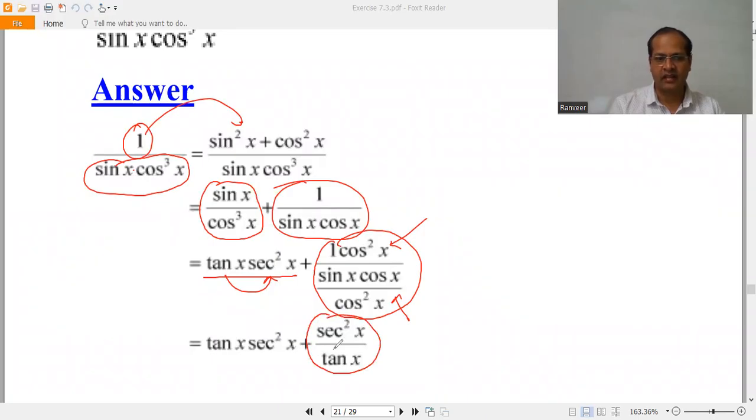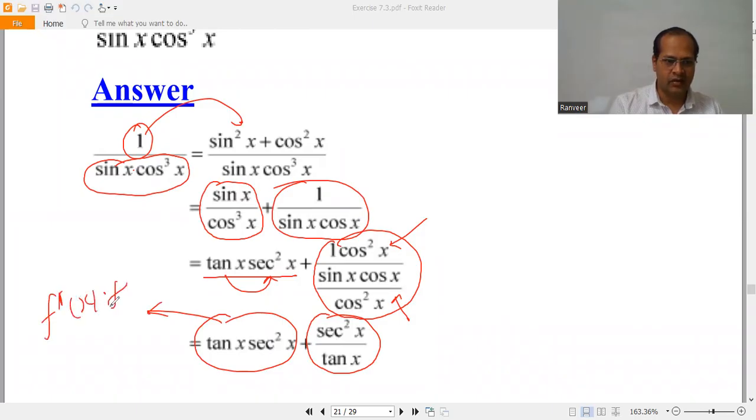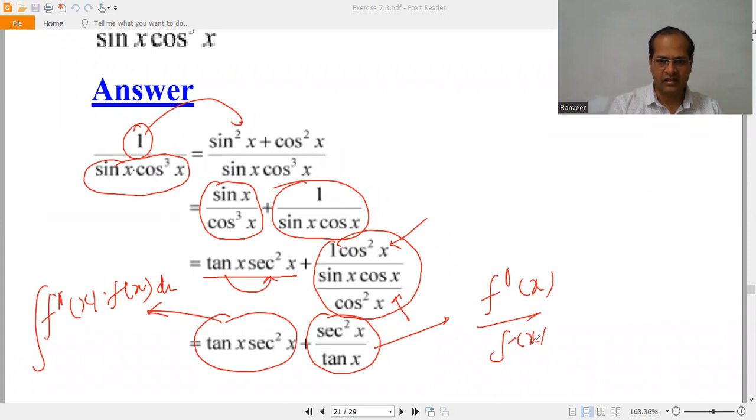Now in this case, this is the perfect example of f dash x into fx dx, and in this case also f dash x by fx into dx. This is the perfect example of this particular format.